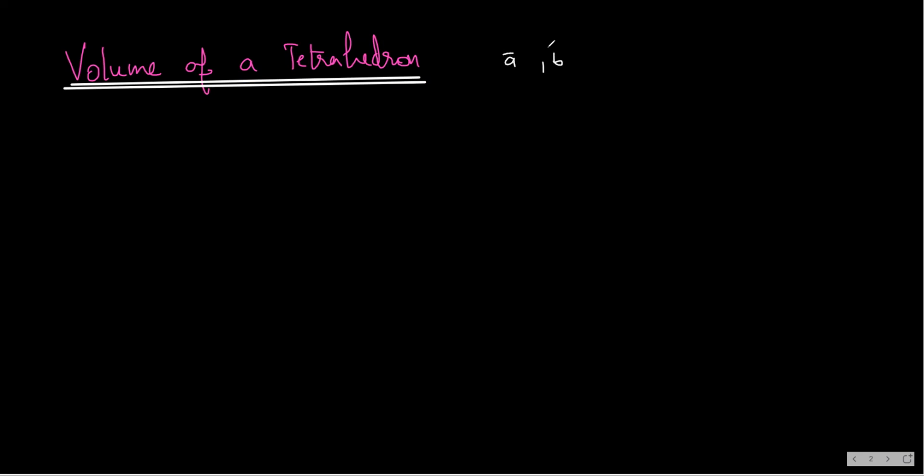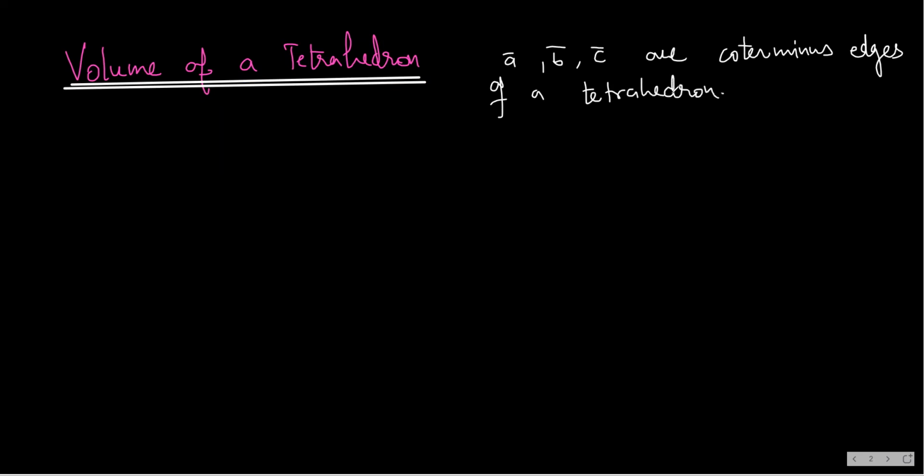A bar, B bar, C bar are the coterminous edges of a tetrahedron. I will first go for vector A bar, then I go for another vector B bar.